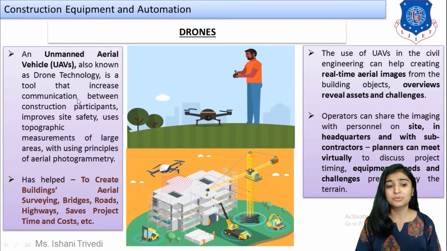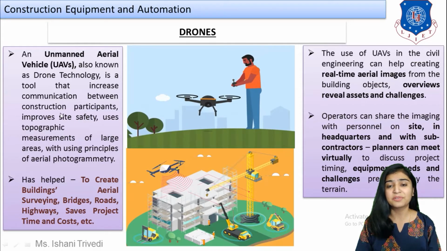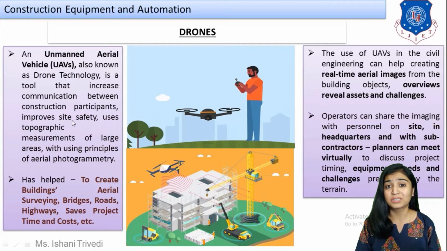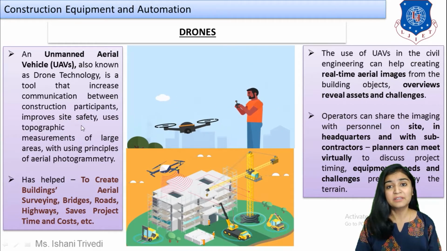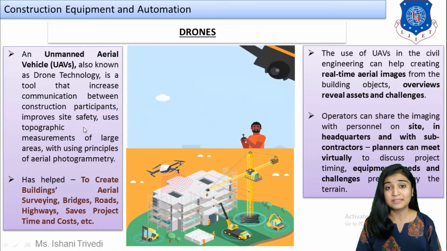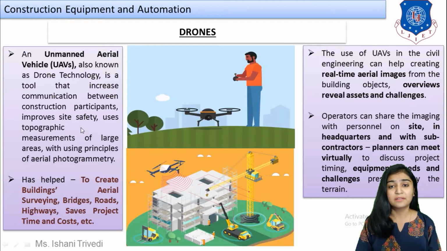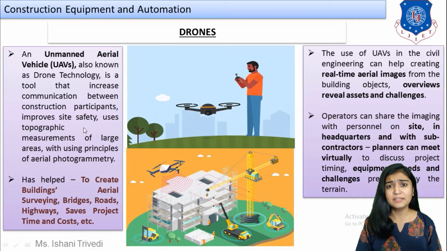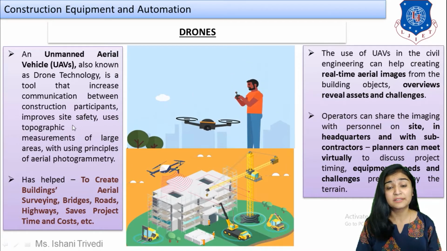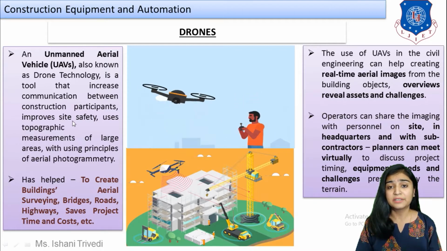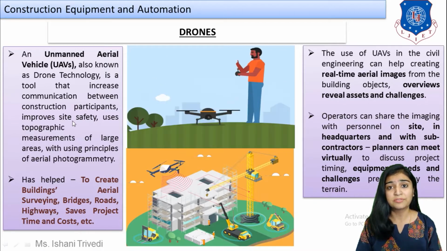It is a tool that increases communication between the construction participants over the site. You can even carry out the constant monitoring, the site supervision. You can carry out the structural surveys. You can carry out the aerial survey which has to be done in the starting, to carry out the mapping, to carry out the topographical maps.